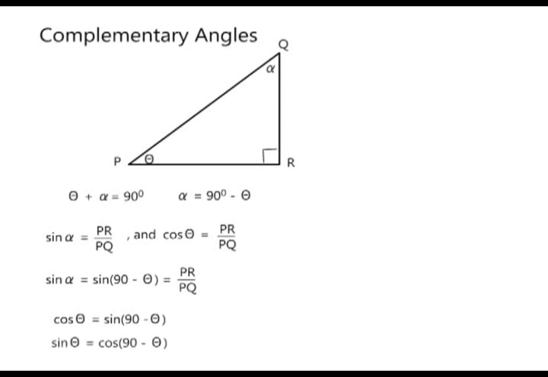Similarly, sine theta is equal to cos 90 minus theta. In general, the cosine of an angle is equal to the sine of its complementary angle. And so cos 50 is equal to sine 40, cos 0 is equal to sine 90, cos 30 is equal to sine 60, and so on and so on.